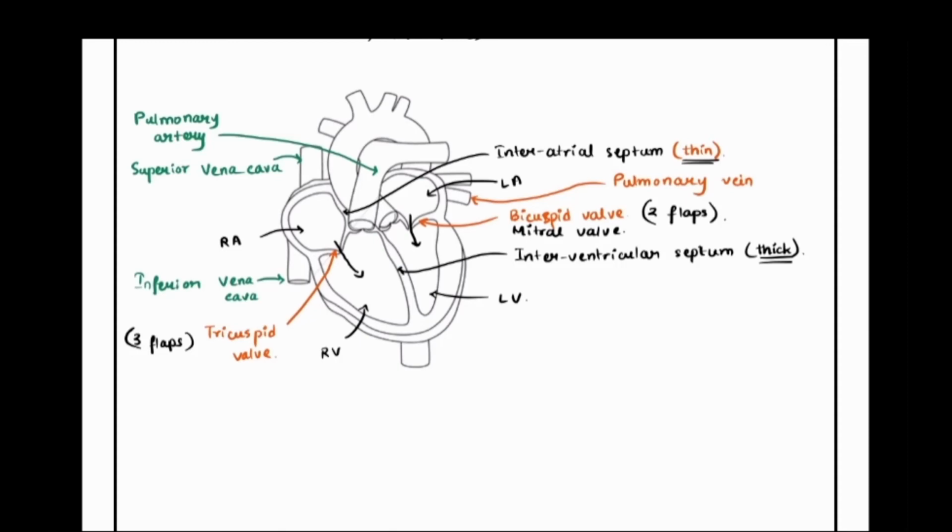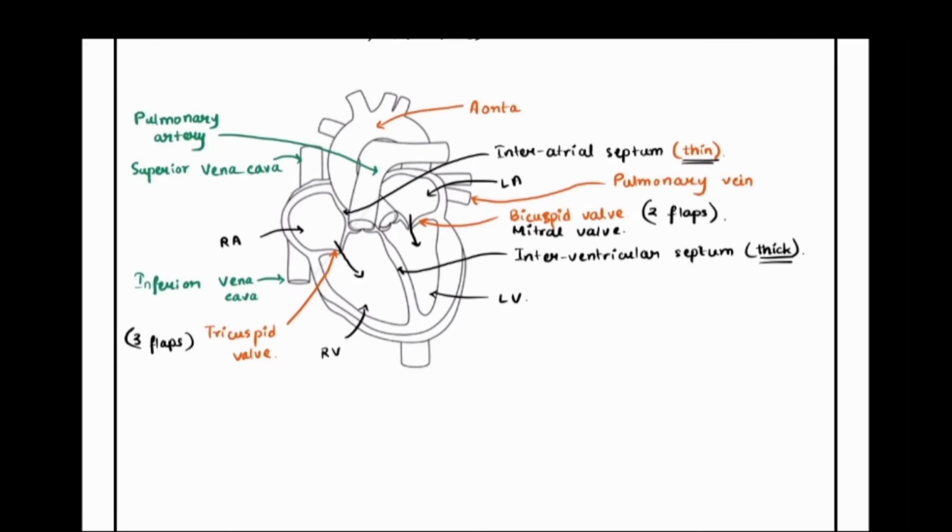That vessel that pumps it is called the aorta. So pulmonary veins carry oxygenated blood into the heart, and the aorta takes the blood away from the heart. So these are all the different parts of the heart.